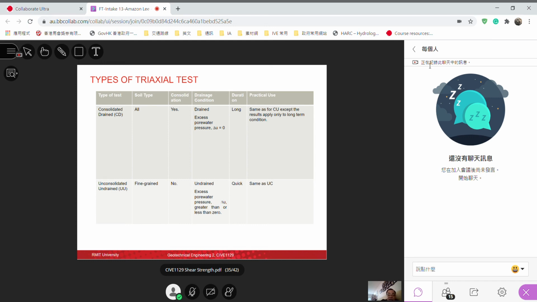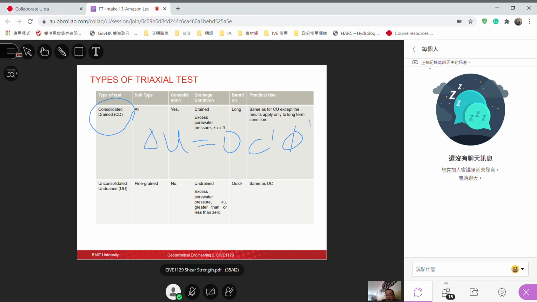We can also do a consolidated drained test by allowing the drainage valve to open so that no pore pressure will generate. It's a very quick test.